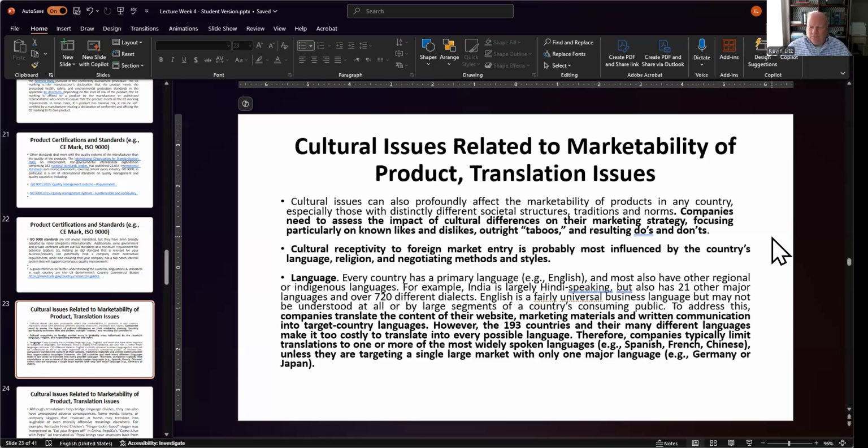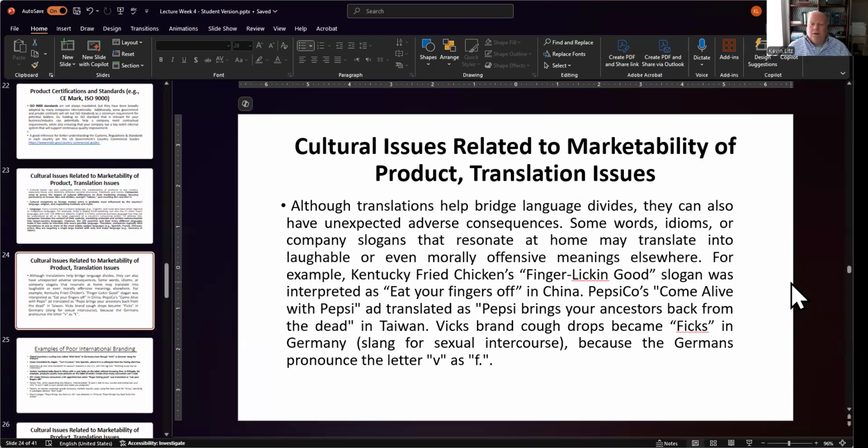You see here Spanish, French, Chinese, English, German and Japanese. Those are some of the major languages into which many large companies will translate their locally accessible websites, installation instructions, marketing brochures, etc.